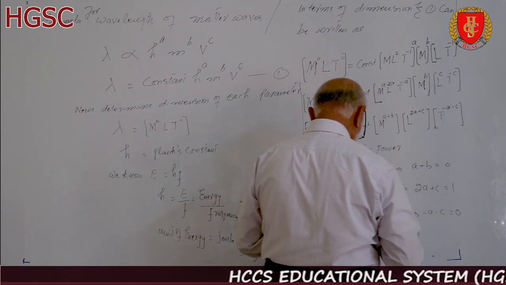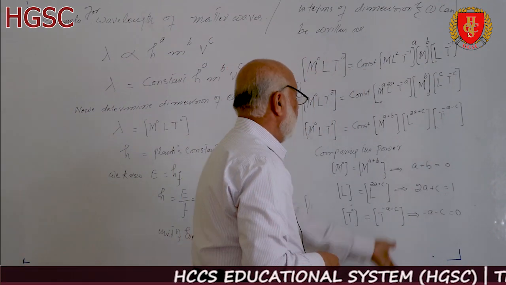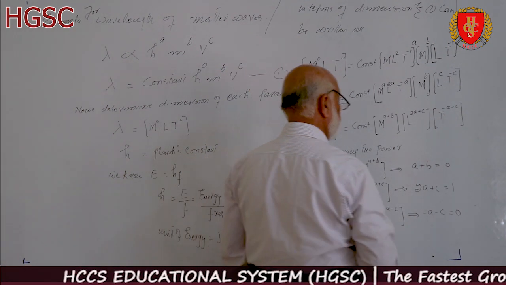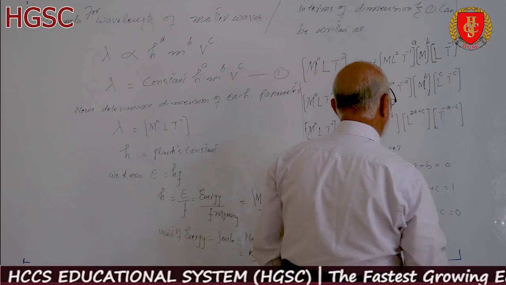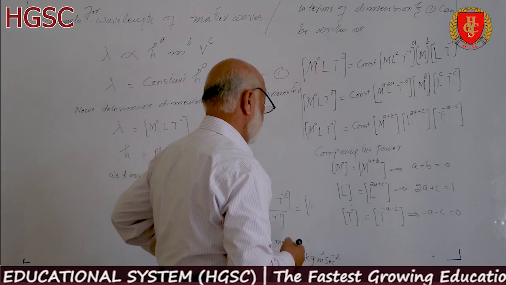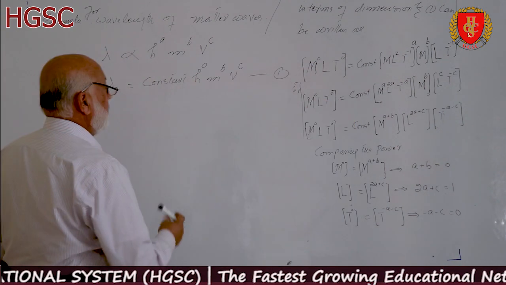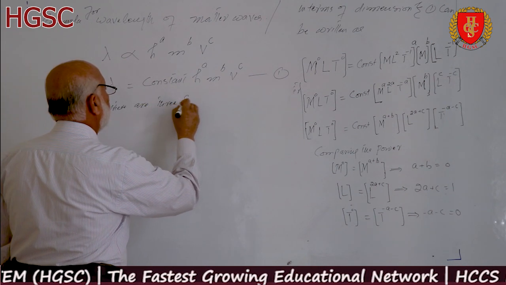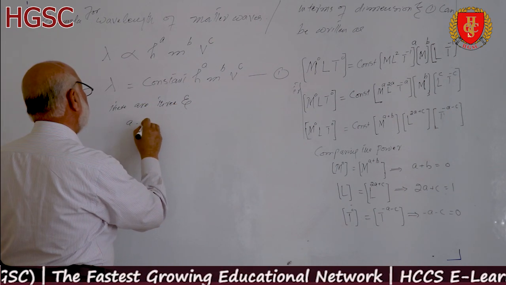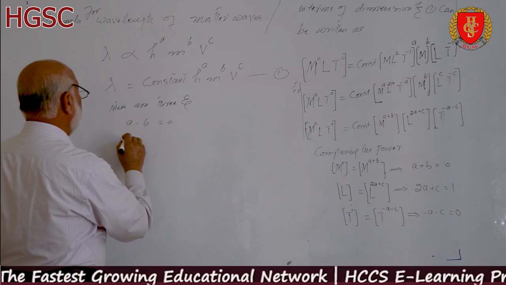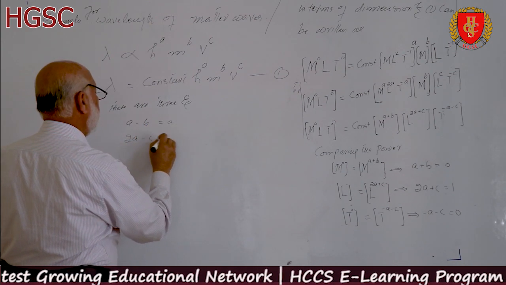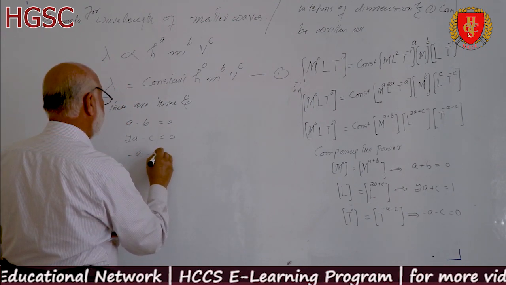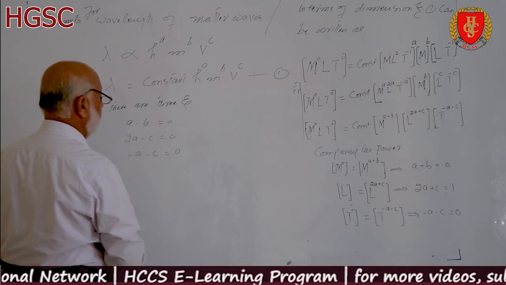So these three equations, we solve them with each other and we can calculate the values of a, b and c. Since there are three equations: a plus b is equal to 0, 2a plus c is equal to 1, and minus a minus c is equal to 0.